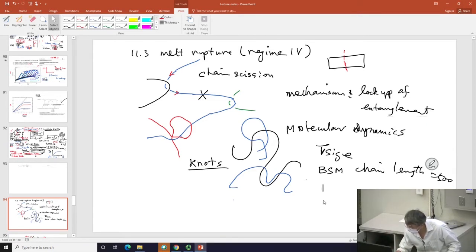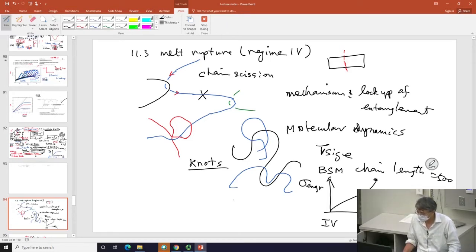If you monitor the stress, the engineering stress, you will find in this region 4, the stress just keeps building up and then ruptures. So we were rather mystified by this, and this is certainly not something a tube model can easily prescribe.